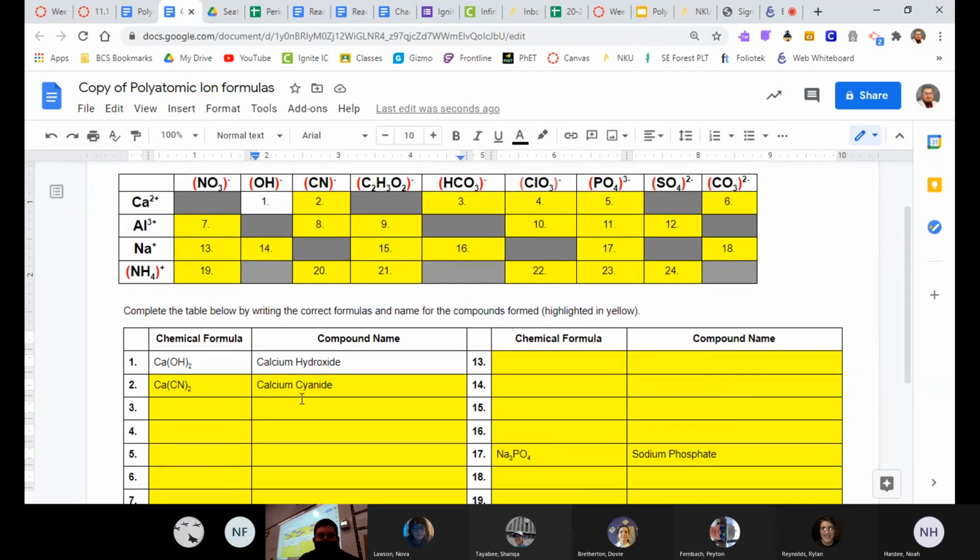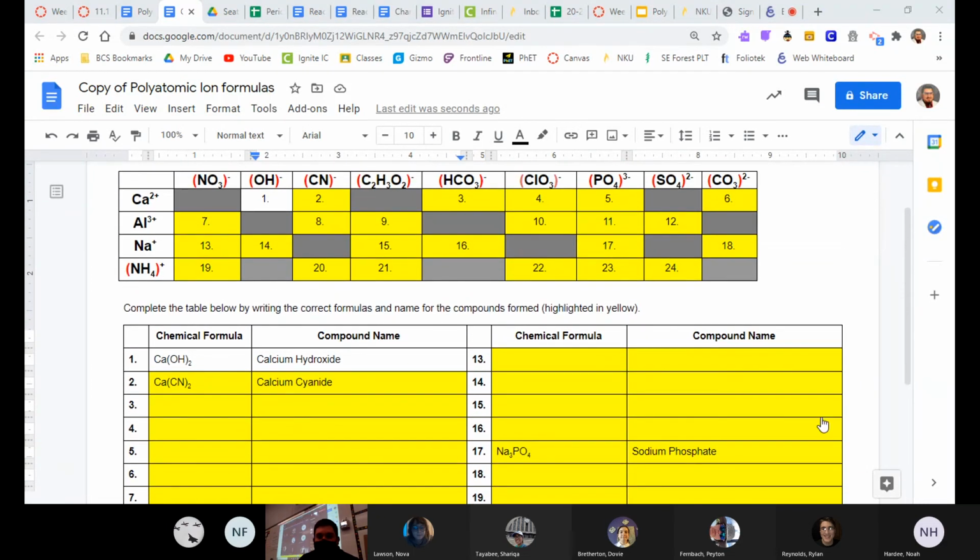All right, so let's try number 3 again real quick for us. So number 3 here, we're going to put calcium with bicarbonate, or hydrogen carbonate. Okay, so I'm going to put calcium, and then I'm going to put HCO3. Calcium is 2+, it's going to give the 2 to HCO3.